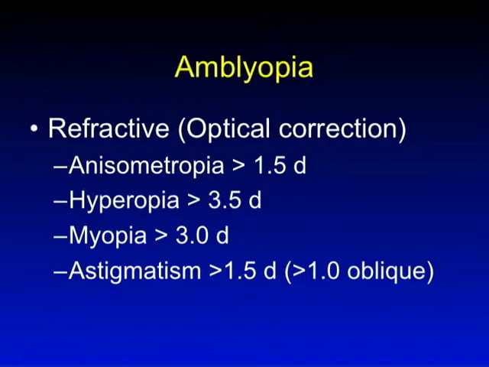Anisometropias of more than 1.5 diopters of hyperopia and astigmatism would be high enough to give you unilateral amblyopia. If you have hyperopia of more than 3.5 diopters in both eyes, you can have bilateral amblyopia. And astigmatism of more than 1.5 diopters in both eyes can give you amblyopia.